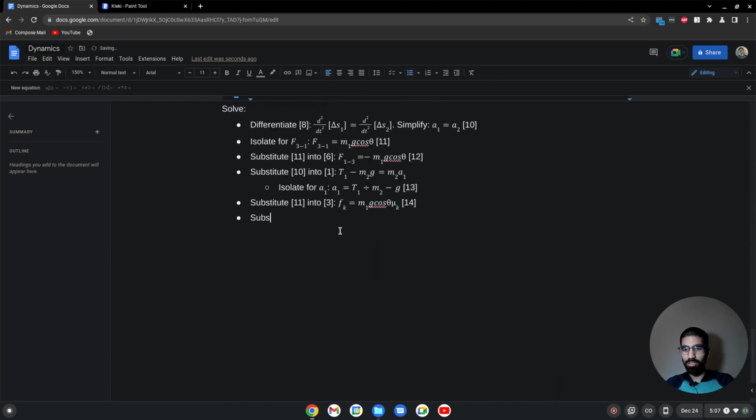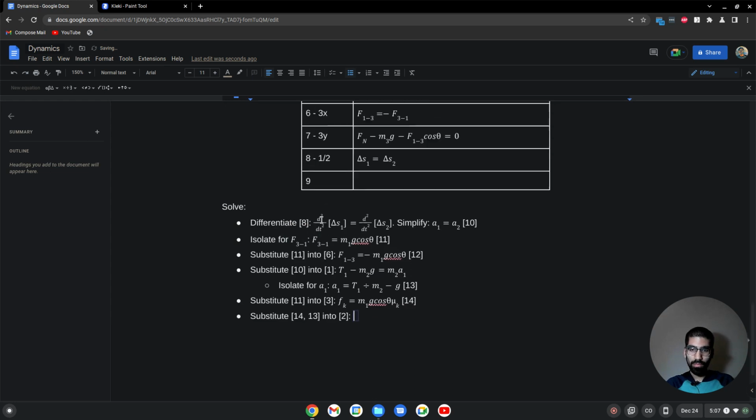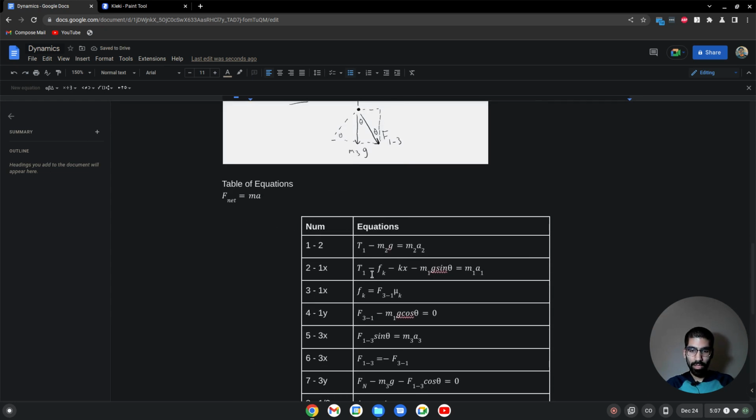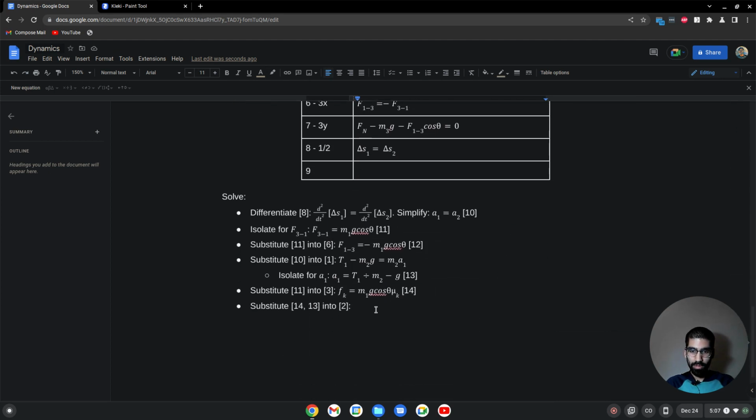So let's substitute 14 and 13, this expression for a1, into equation 2. So I'm going to take this here and let's just take fk, right?